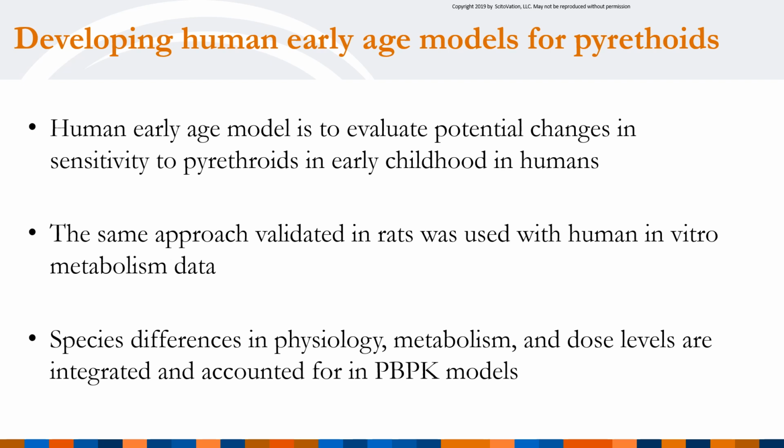We also developed a human PBPK model. Obviously, we did not have human data to validate the model, but we used the same structure as the rats, and the same approach used in rat was used in humans. We had some human in vitro metabolism data, and all the physiology was taken from the literature and integrated into the PBPK model.